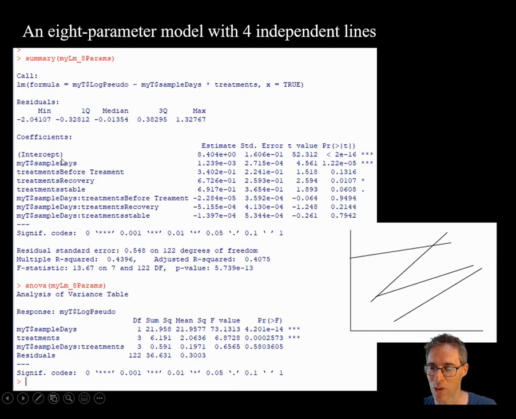So that's 4 of our parameters: the background intercept and the 3 differences in the intercept. We have the slope of our background here. But now, because there's an interaction term, we allow the slopes to be different as well. So for each one of our dummy variables, we ask, is the intercept different from the background? And for each one of these slopes, we ask, is the slope different from the background slope? So that's 8 parameters, which we can think of as being 4 independent lines.